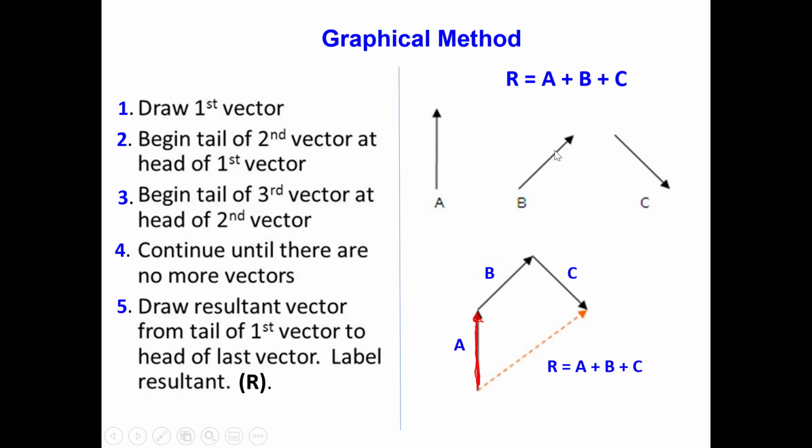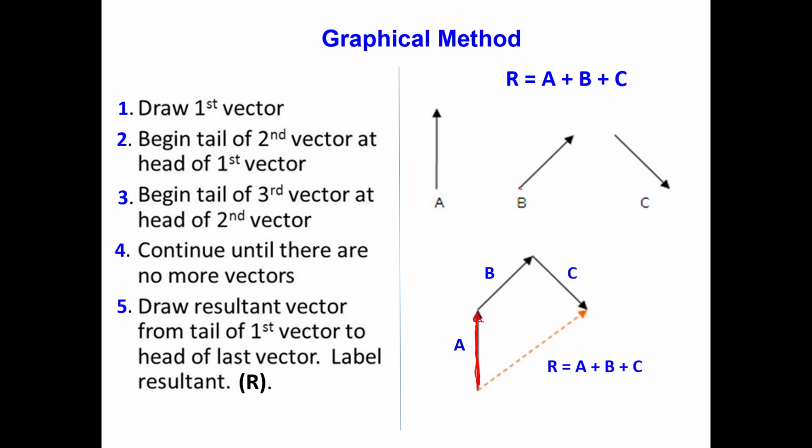Then in step number 2, we will draw the second vector in the way that the tail of this second vector starts at the head of the first one. You can see that this is the tail of this vector.